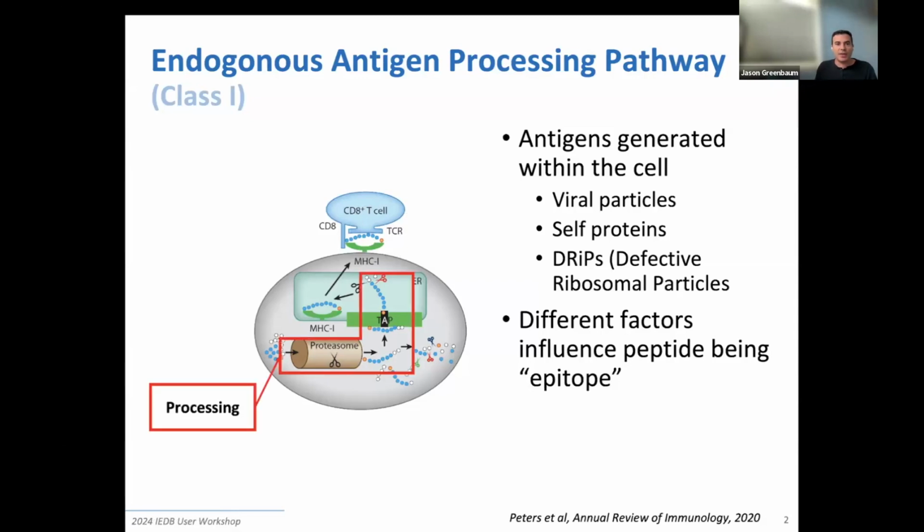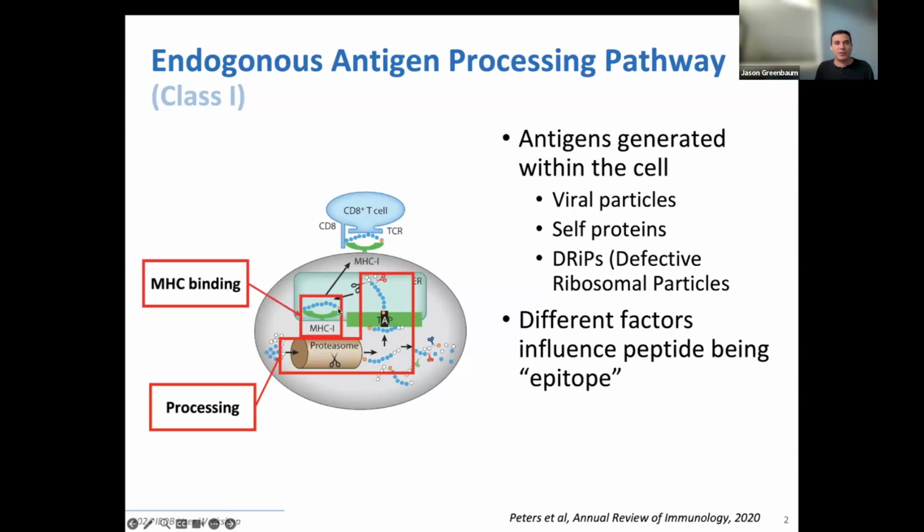And so we kind of want to delineate the different parts of this pathway to show you what the different tools are predicting. The processing tool will predict this part of the pathway, the breakdown of the proteins into peptides and transport into the ER.